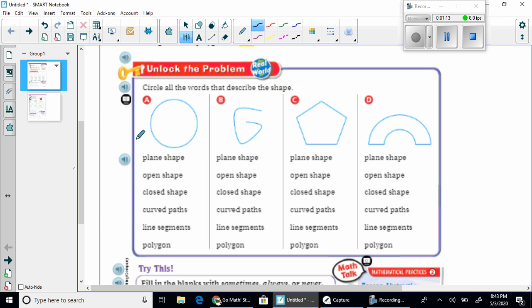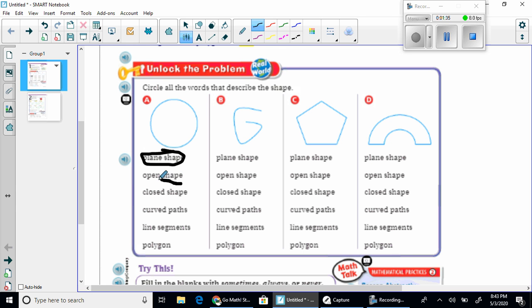So for A, we have a circle. A circle is a plane shape. The shape is not open. If I use my pencil and go all the way around, I can draw the shape without lifting up my pencil.